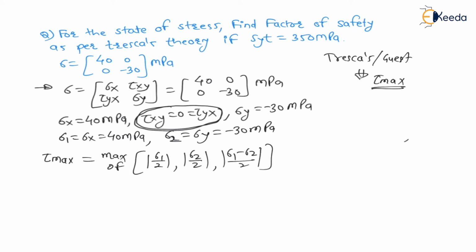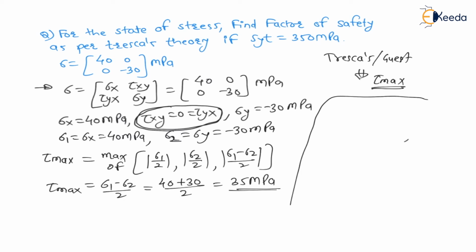And as sigma 1 and sigma 2 are unlike, means one positive and one negative, this term will definitely be the maximum, sigma 1 minus sigma 2 by 2, which is 40 plus 30 divided by 2, which is nothing but 35 MPa. This tau maximum will be 35 MPa, right?